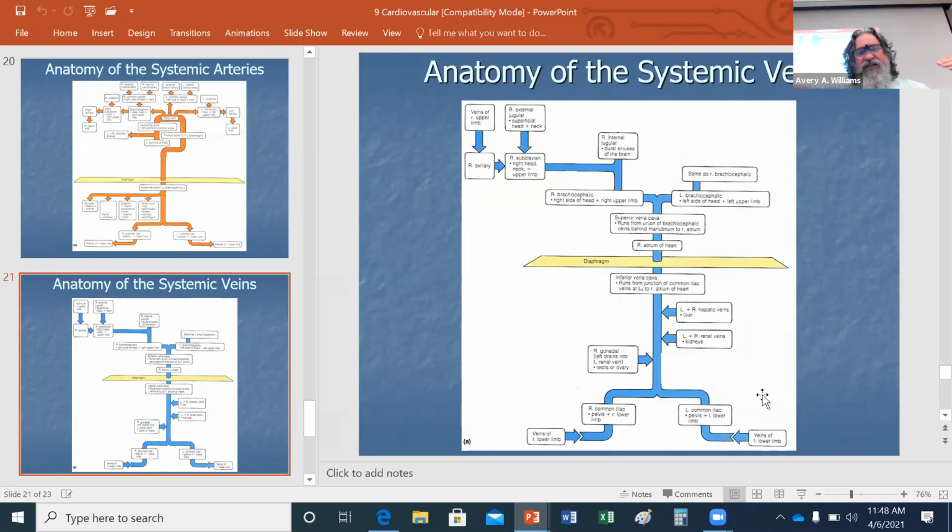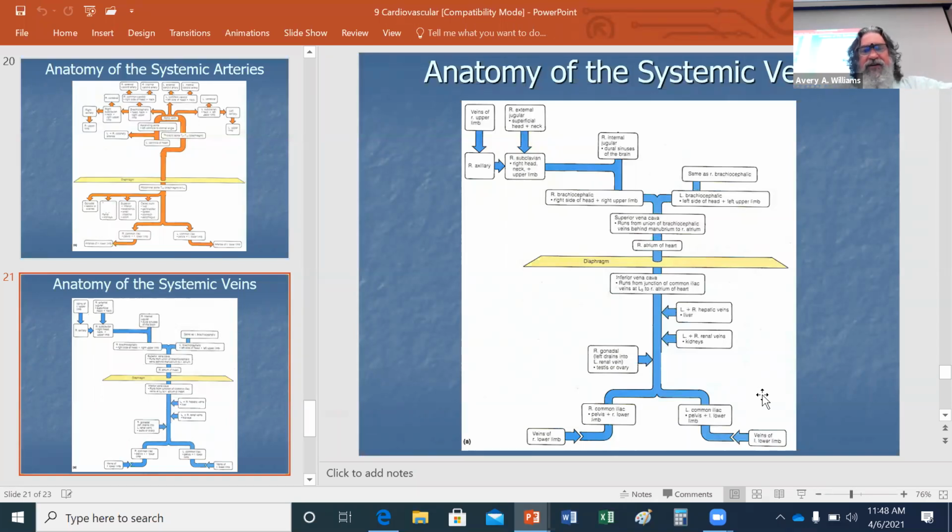You see how that works? Because the veins come together, they unite to form larger veins. They don't split and form smaller veins. You know why? Because they're formed by the direction of blood flow. The arteries form by splitting and getting smaller and smaller, and then you're down at the capillaries.